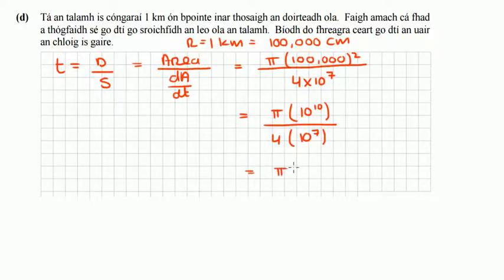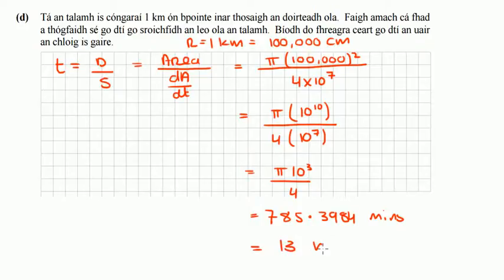So we're going to be left with pi 10 cubed divided by 4, which is going to give us 785.3984, and that's minutes. So that's minutes again, because the rate that we're using is centimeters per minute. We're using centimeters, so our answer is minutes. They ask us to the nearest hour, so dividing this by 60, we're going to find 13 hours.